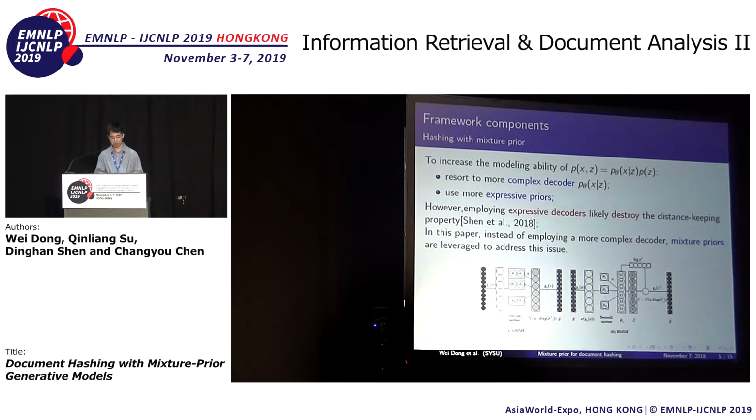The second is to use more expressive priors. However, as in NASH, employing an expressive decoder is likely to destroy the distance-keeping property, which is essential to yield good hashing codes. So in this paper, instead of employing a more complex decoder, mixture priors were leveraged to address this issue.